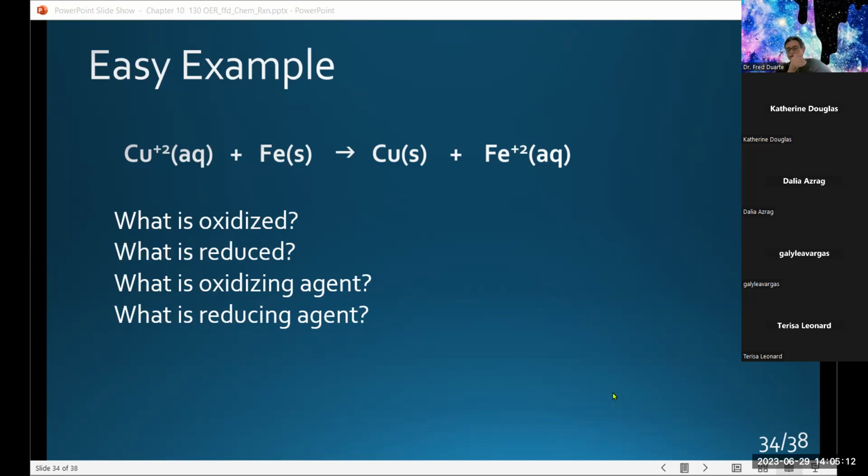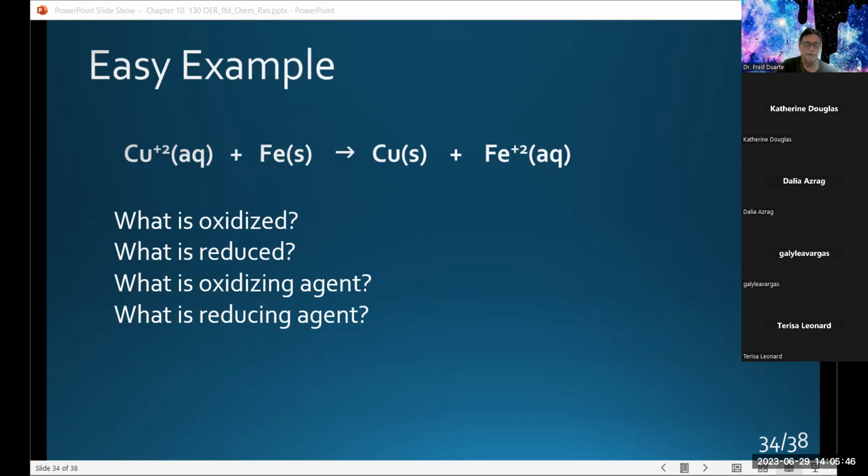Now, in this type of reaction where we have the copper ion plus the metal iron, do you know what type of reaction that is? Of the six, what type of reaction would this be? What do you guys think?